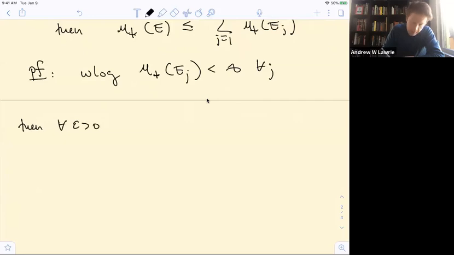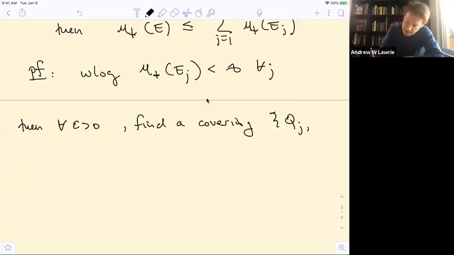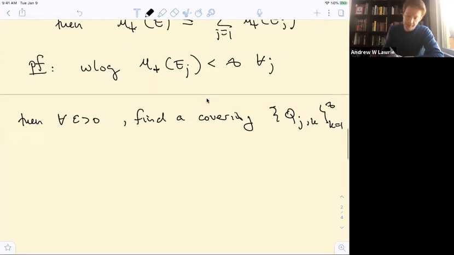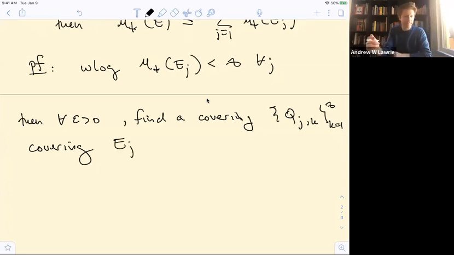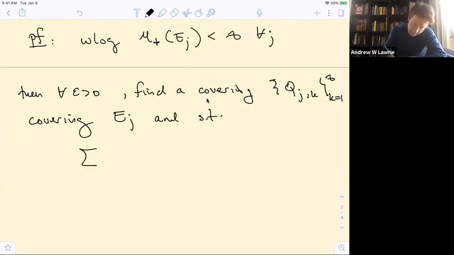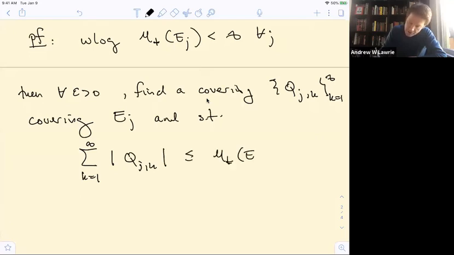For every epsilon bigger than 0, find a covering QJK, where this is a collection of closed cubes with a new index k that cover each EJ, and such that the sum from k equals 1 to infinity of the volumes of the QJKs is less than or equal to the exterior measure of EJ plus epsilon.